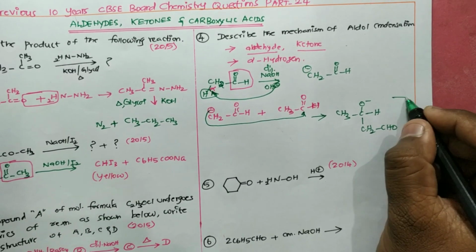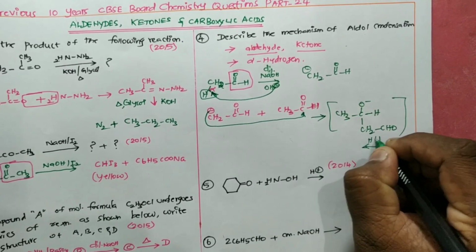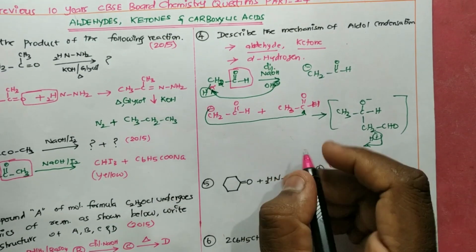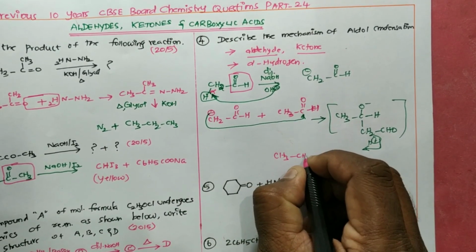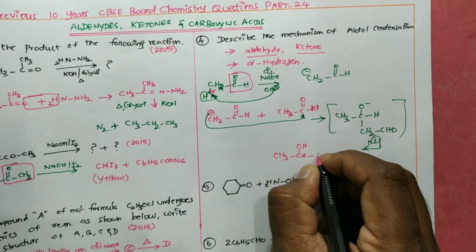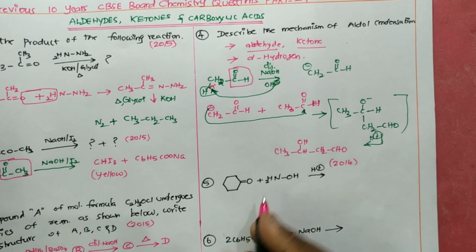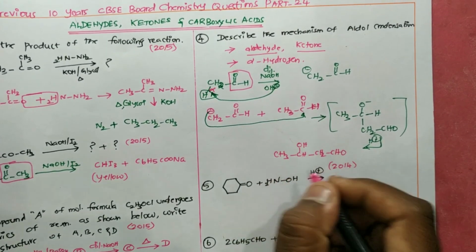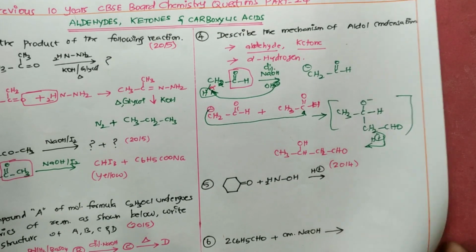If it is acidified, if I add acid, I will get a product like this: CH3 CH, here it is OH, here CH2 CHO. So I will get an aldol product. This is nothing but the aldol product. Are you able to understand, students?